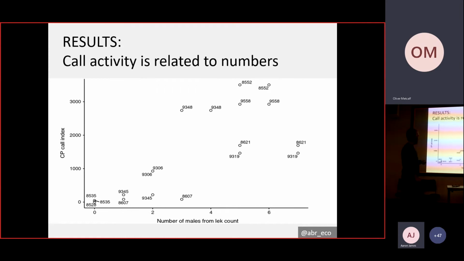And we found that for all these different sites, the numbers of males recorded by the people sticking their heads out of the tents at night time were reasonably well related to the numbers of calls that we got. So we can actually use the numbers of calls, this call index, to identify to some degree of accuracy how many birds there are.